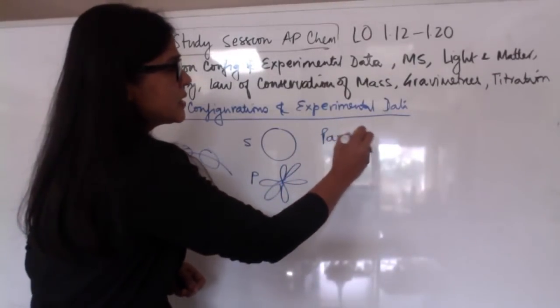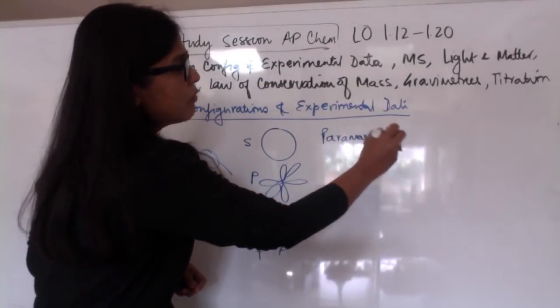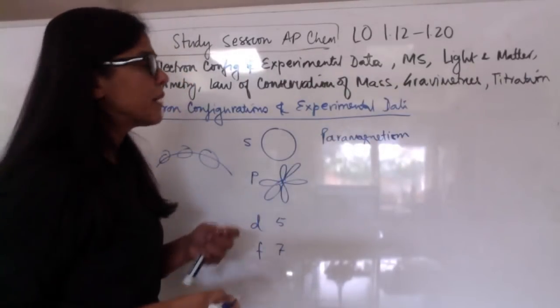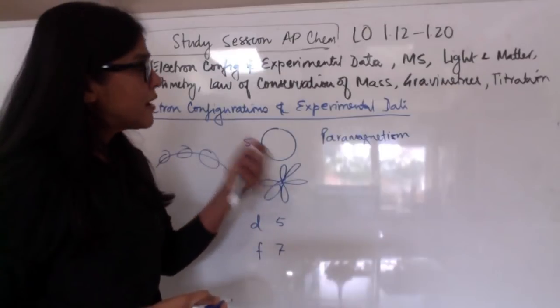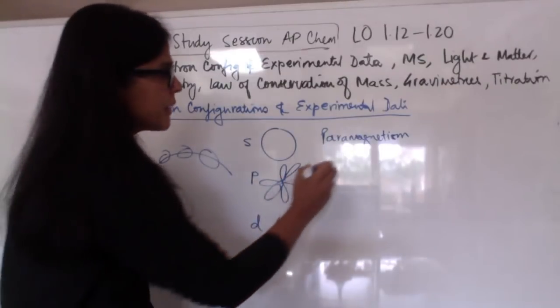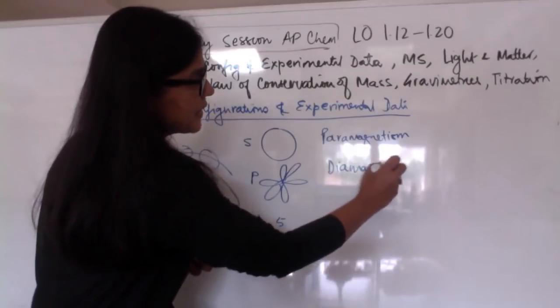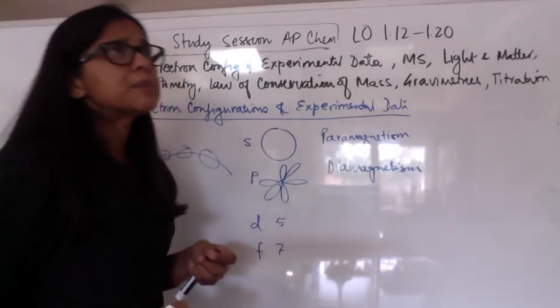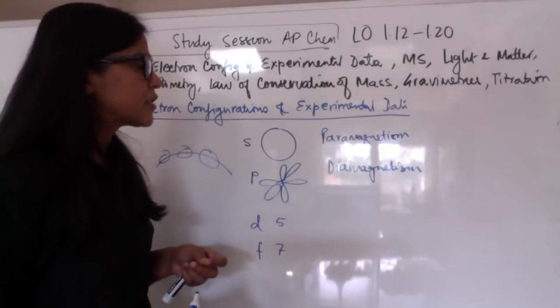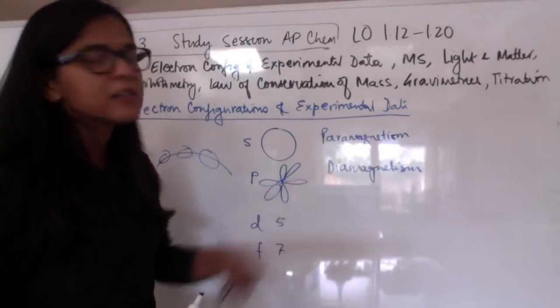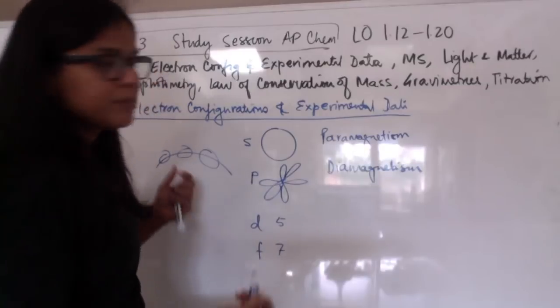Paramagnetism means you have one or more unpaired electrons, and these substances tend to show magnetic property when placed in an external magnetic field. And diamagnetism is when substances do not have any unpaired electrons, and if subjected to an external magnetic field, they don't show magnetic property.